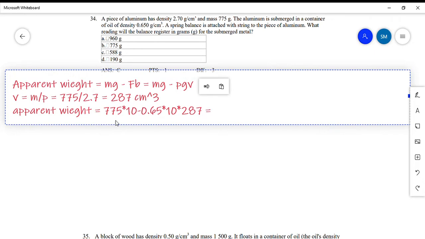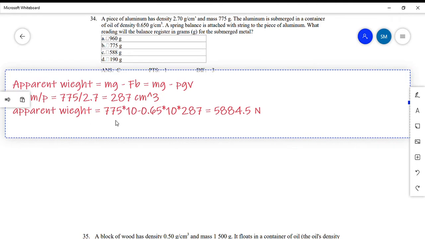So the result will be this number. This is the apparent weight. But in the question, he wanted to know the mass with which the balance will read. So we will divide this number over 10, which is the gravity. So the mass the balance will read, not the actual mass, will be 588 grams.